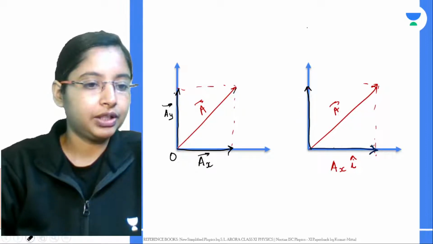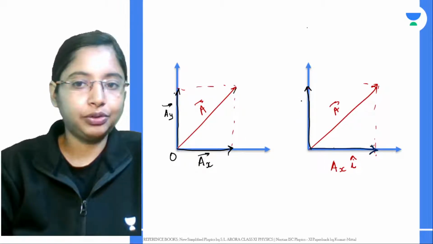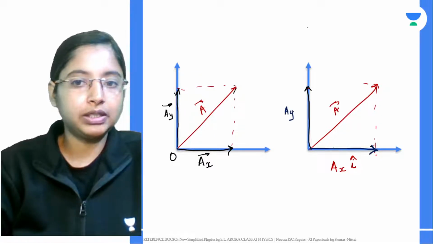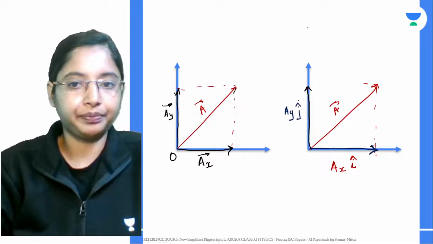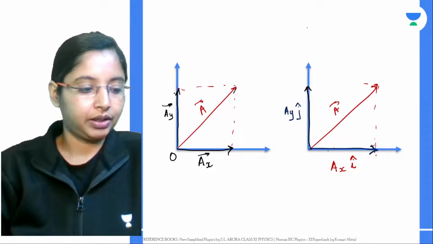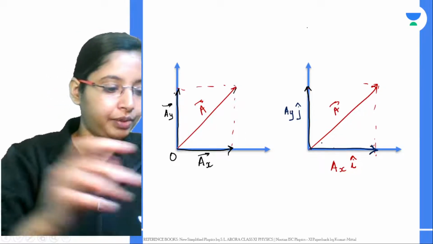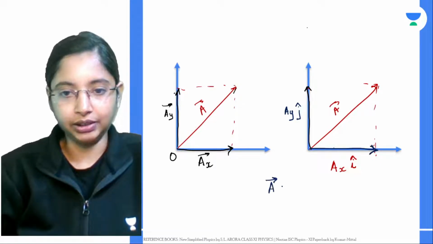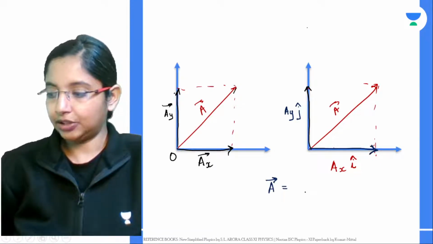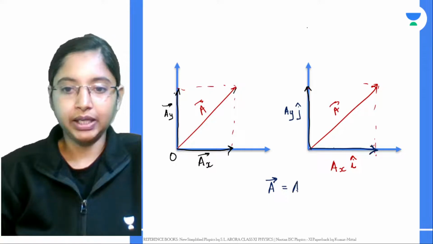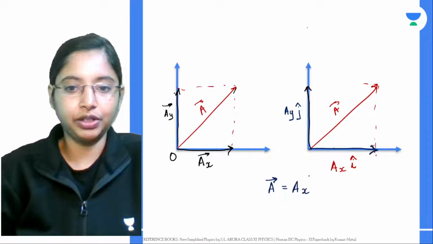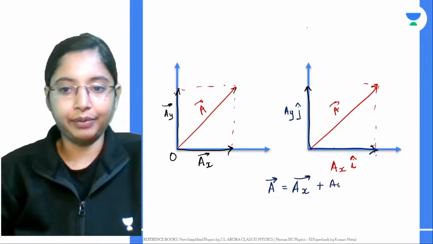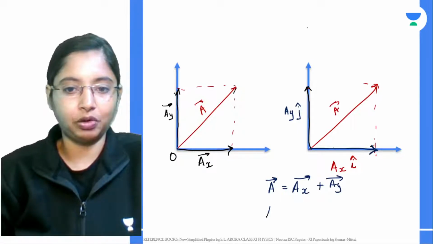Here the magnitude on this side is ay into unit vector j cap. Now, if you actually want to find the resultant vector, first we saw it was the ax vector plus the ay vector, according to the parallelogram law of addition.